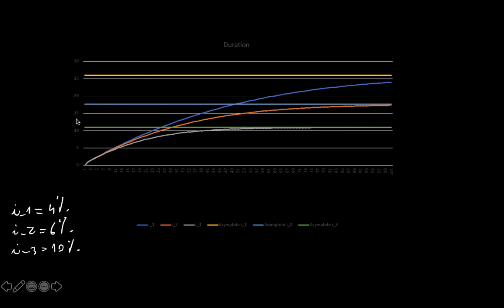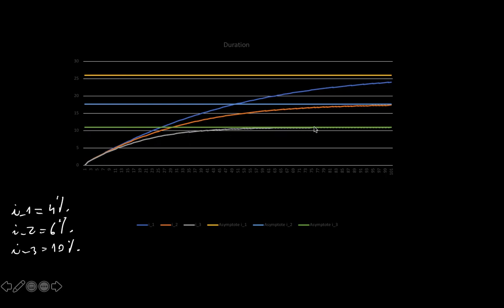Finally, we can see that in the long term, after 100 years, the duration reaches the asymptote. This green asymptote is the asymptote for the annuity with interest rate 10%.